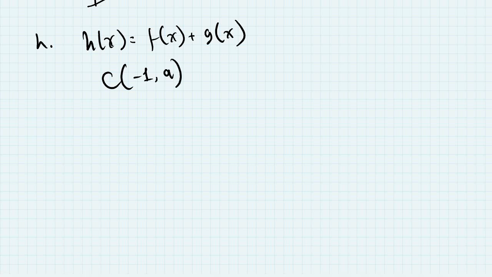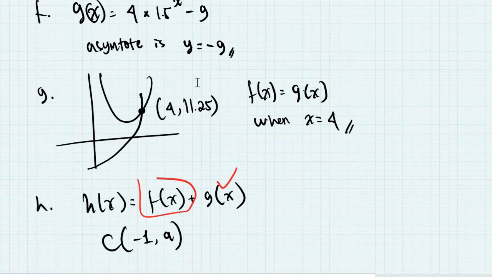Now let's break it down. We know that this point C is on this graph. So to see whether this point is also on h, we have to check fx. Let's see what fx is when x is negative 1. Wait, what was our fx?